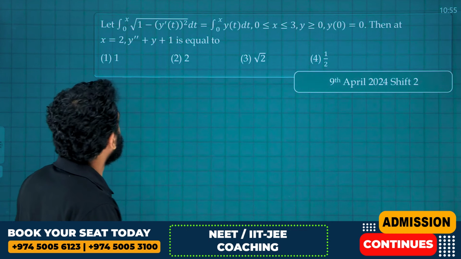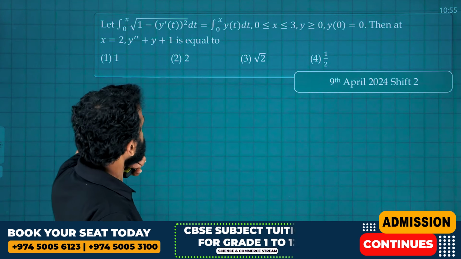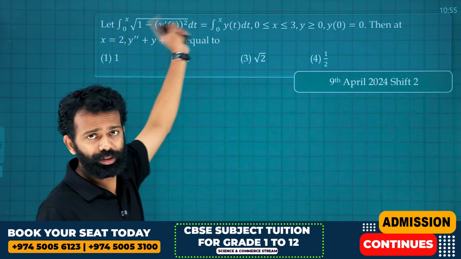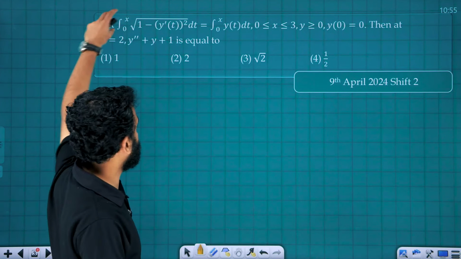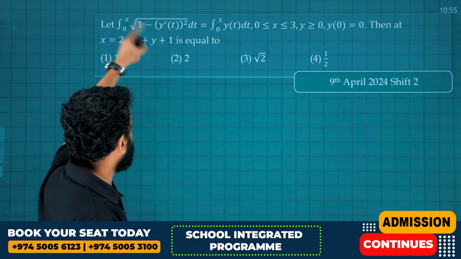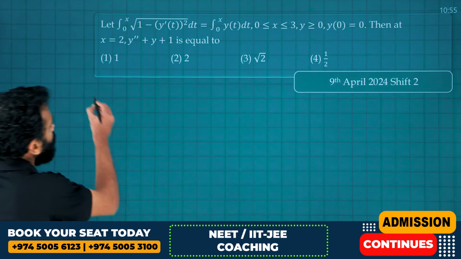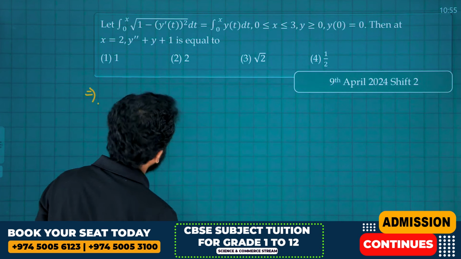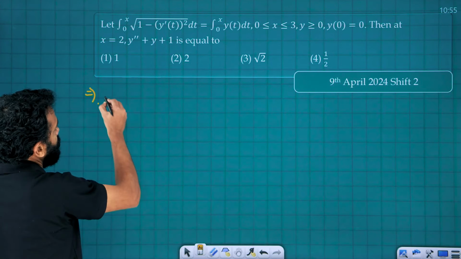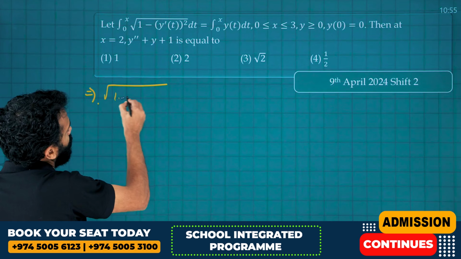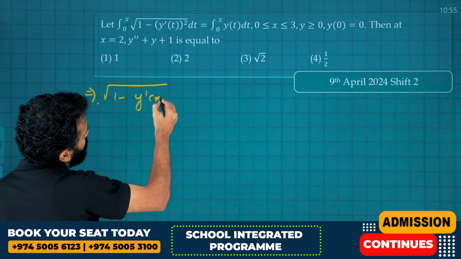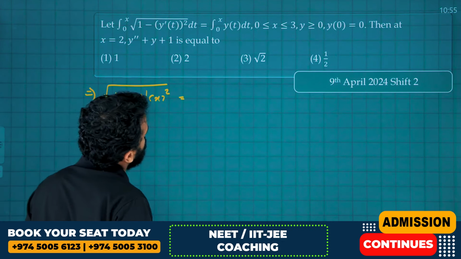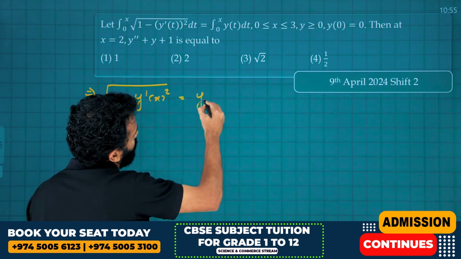What we should do is differentiate both sides, right? Only then it will be free from the upper and lower limits. Using Leibniz rule, differentiating both sides, you will get square root of 1 minus y dash of x the whole square is equal to y of x.